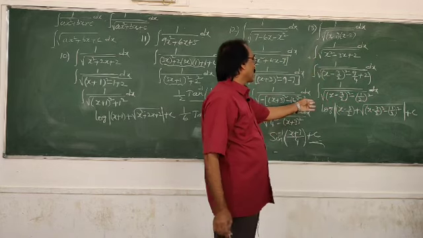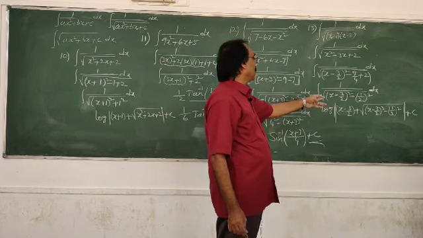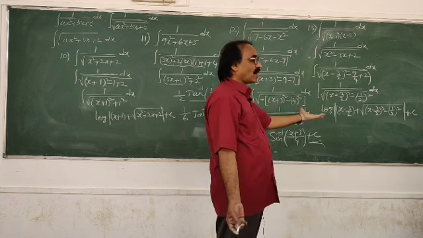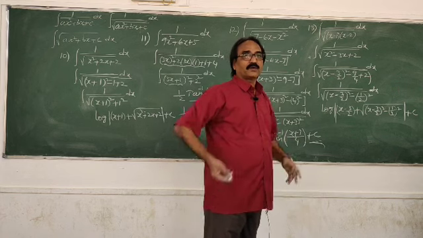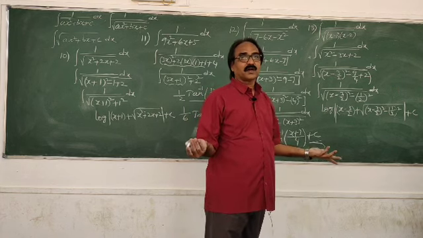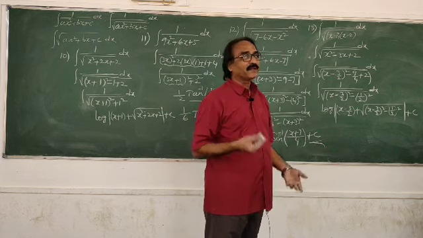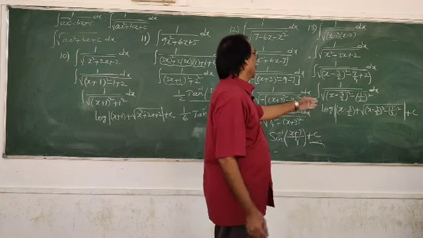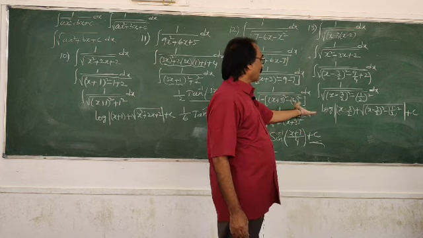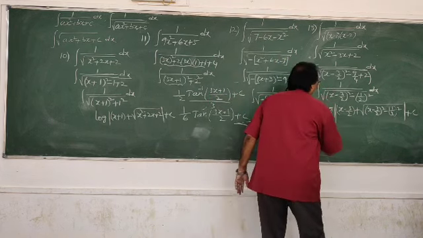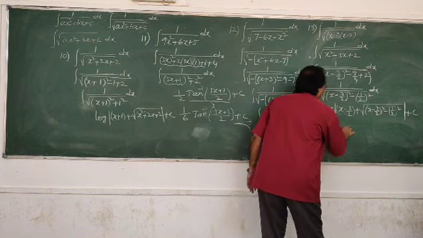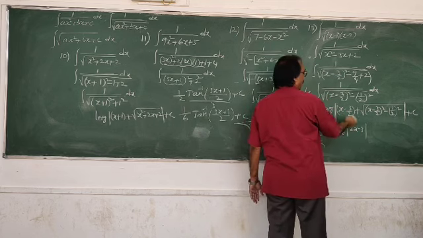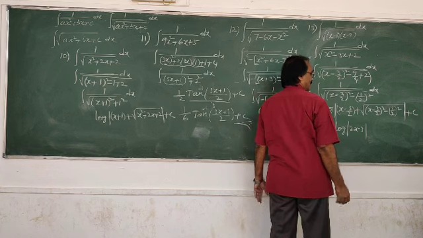Here what will happen? Log of 2x minus 3 plus log of root of x square minus 3x plus 2. Constant will go, I told you, whatever constant will be there, that is all nothing but in C only it will go, as we proved previously also. You need not worry, either this form or, log mod of 2x minus 3 by 2 is there, log of a by b, so log a minus log b.